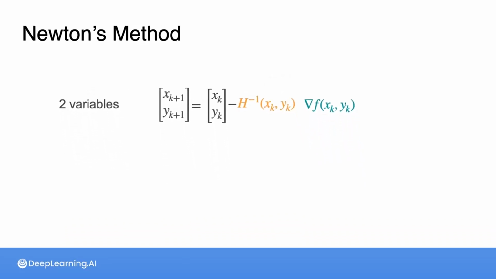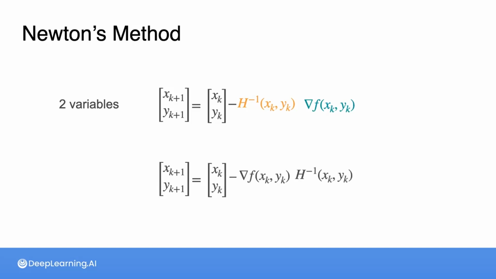And you can see that actually this works for n variables. I simply have to do a vector of n coordinates minus an n by n matrix, the Hessian inverse, times a vector of n coordinates, which is the gradient. Now you have to be very careful. It's tempting to write it like this as well, but this actually won't work. You cannot multiply the gradient at the left of the matrix, you have to multiply at the right.